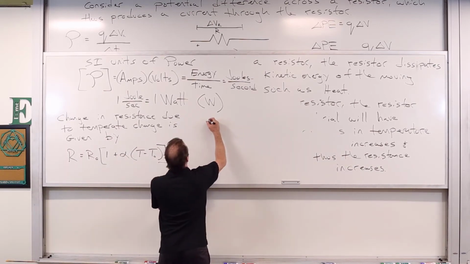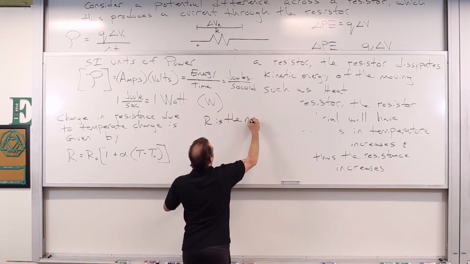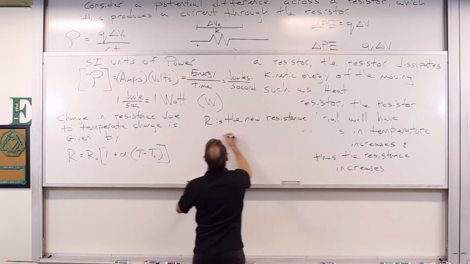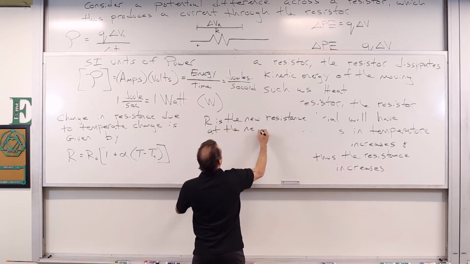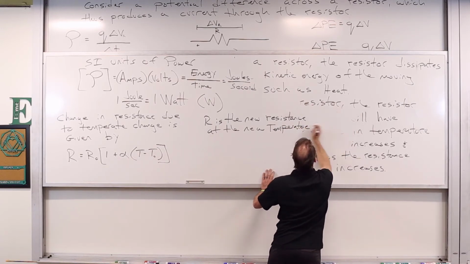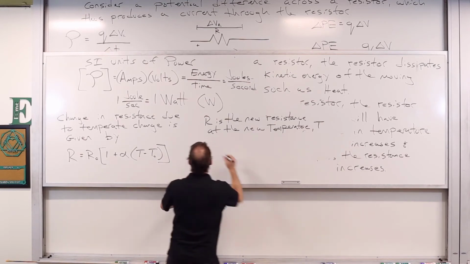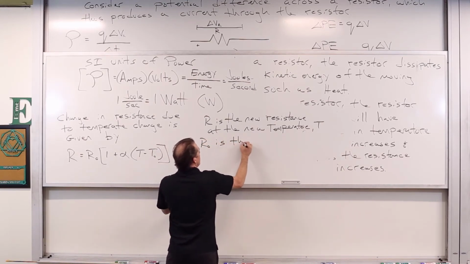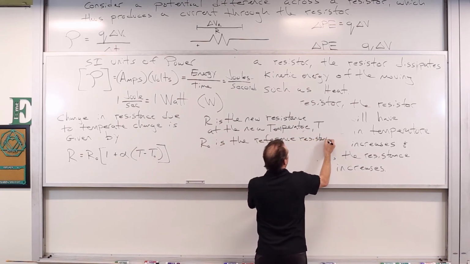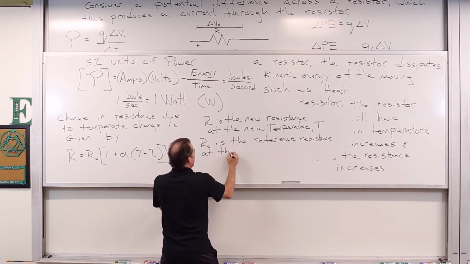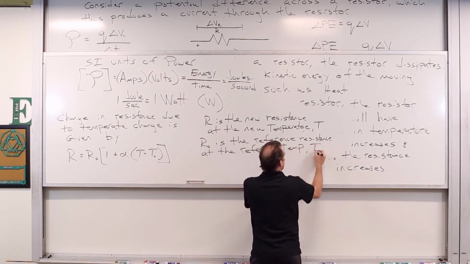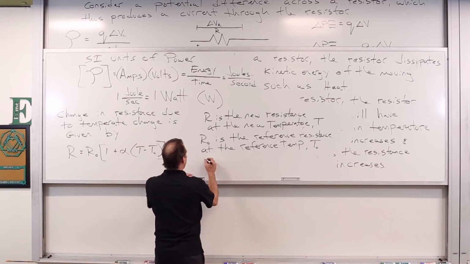R is the new resistance at the new temperature T. R0 is the reference resistance at the reference temperature T0, and then we've got ourselves alpha here.